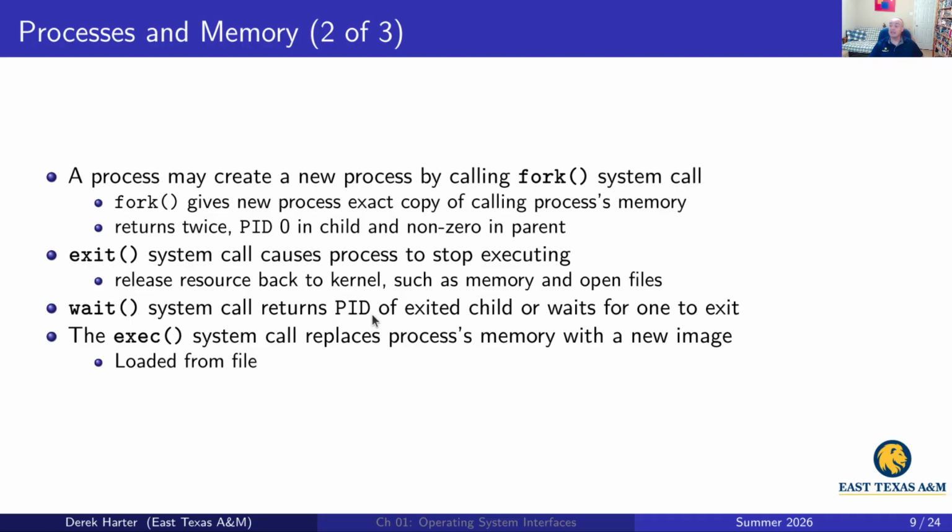The parent can then receive back that exit status code if it needs to, although in our example here, we don't actually receive it. We just ignore it. But we do call wait to check whether the child is still running or to figure out when it has exited.